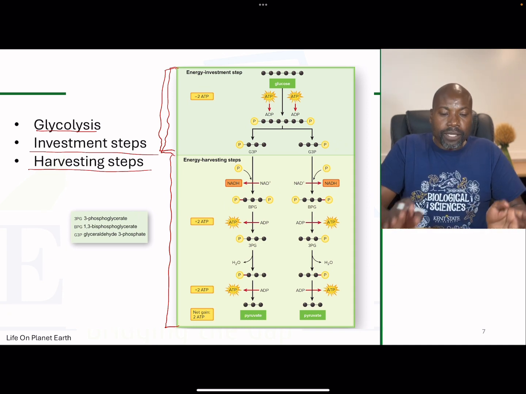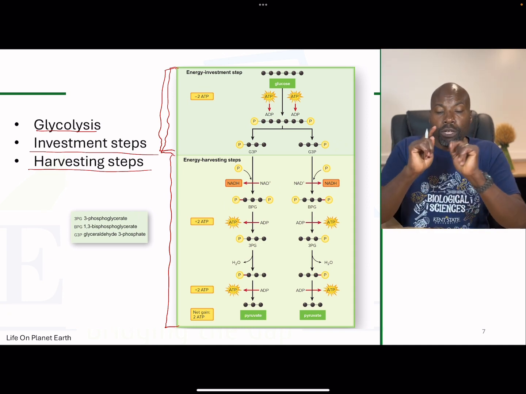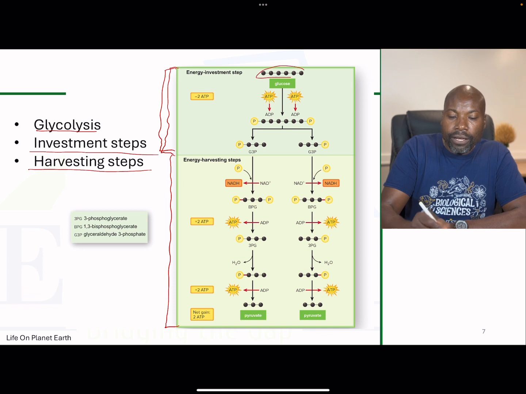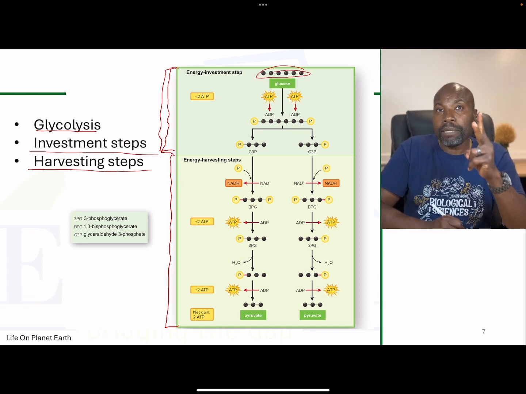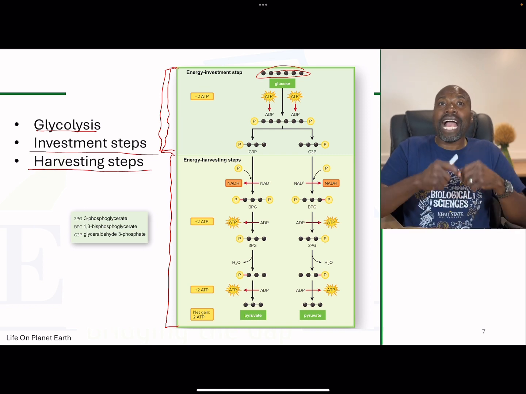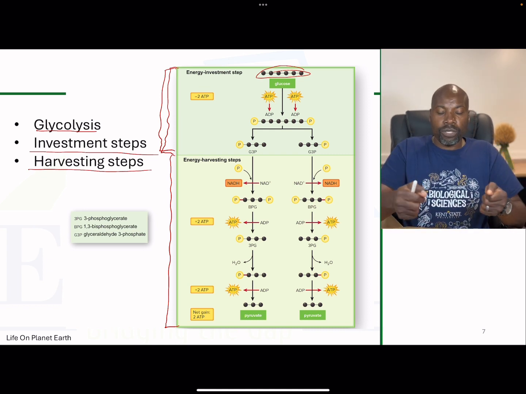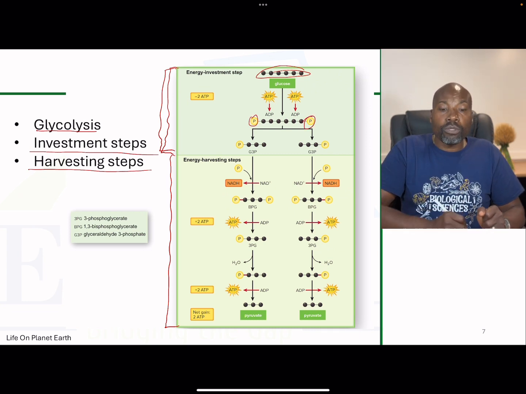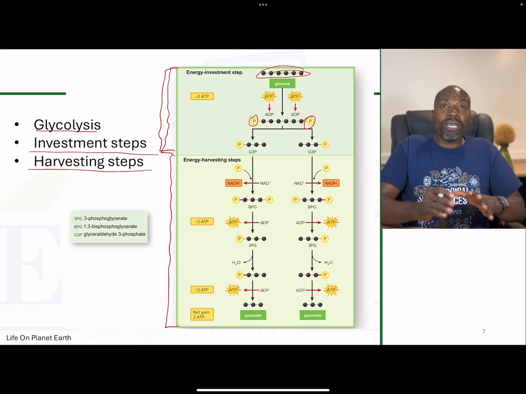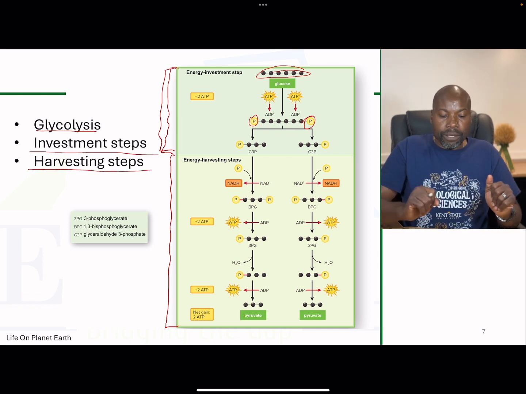So now, a cell for 1 molecule of glucose right here is going to invest 2 ATPs. These 2 ATPs, their role is to activate glucose. By activating glucose, we have an addition of phosphate groups on the glucose molecule, causing glucose to become very unstable, right?